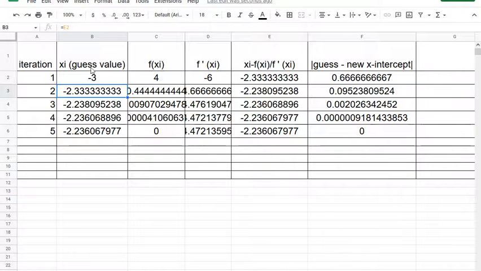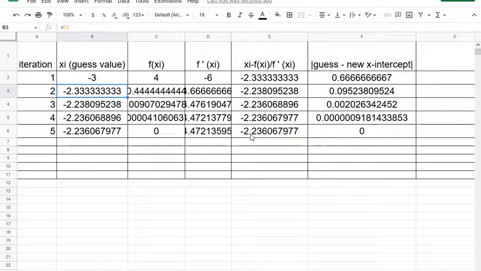Once we put in -3, the formulas are still in the spreadsheet, and so everything will just get updated automatically. The reason it's 0 here is because there are too many zeros, and Google Spreadsheet only takes so many zeros. If we have about 8 or 9 zeros after the decimal point, then Google Spreadsheet would just count that as 0.